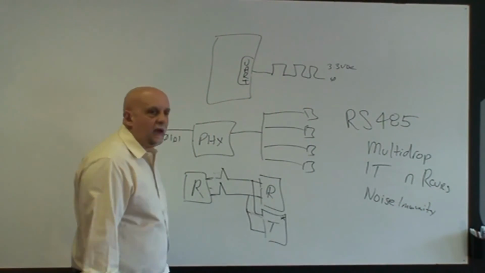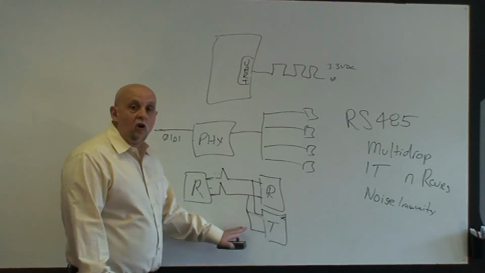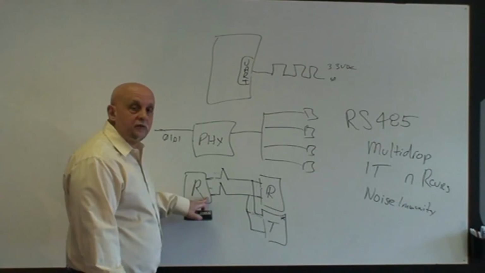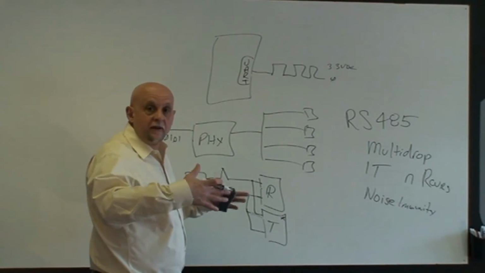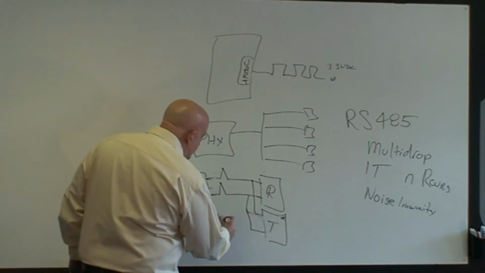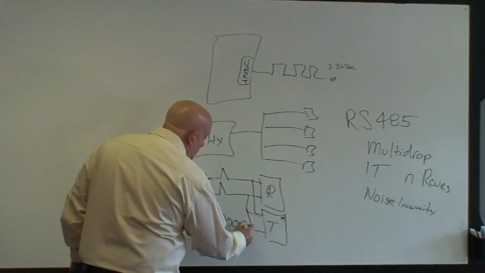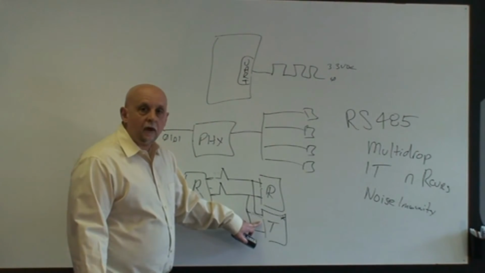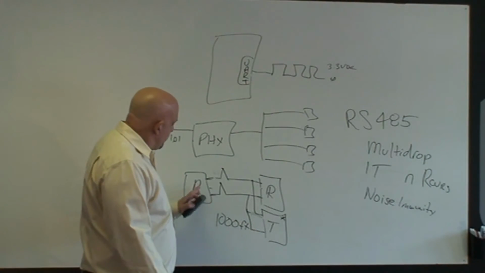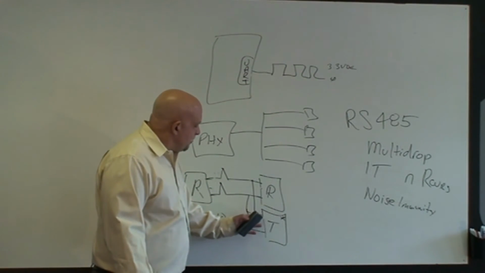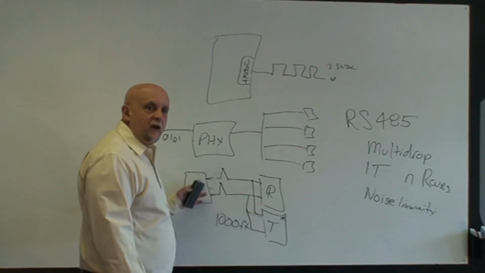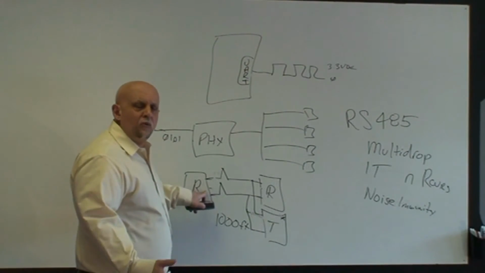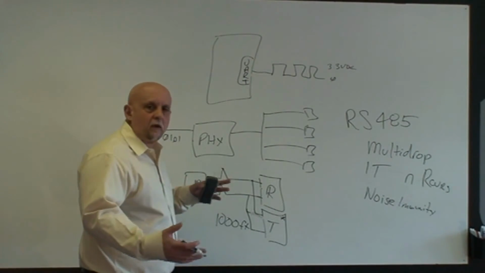Now the other thing that has to happen is this, because this can go a lot longer than RS232. These drivers are built to go 1,000 feet, because you've got multi-drop connecting lots of devices. But what happens electrically is you get reflections. When this guy sends his message out, it can reflect the bits back toward him, and he can say, oh wow, I'm getting a message back right away.